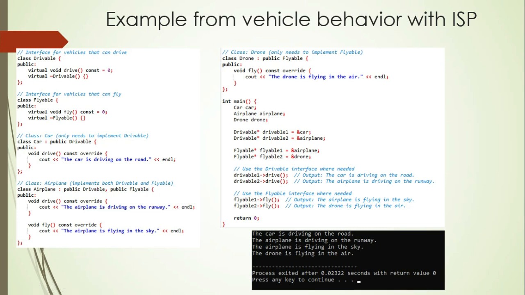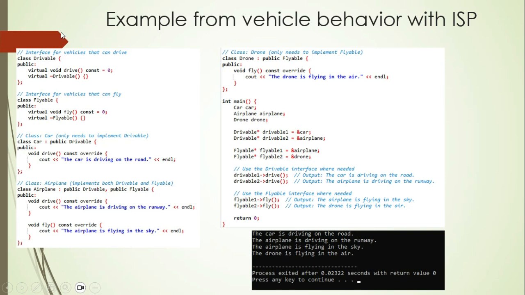So this means we have only 2 interfaces, and these have specific behavior methods. While deriving any class, we will see whether it is drivable or flyable or both.